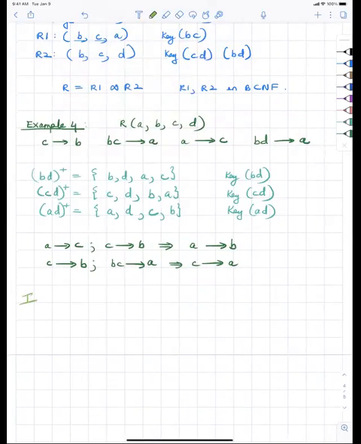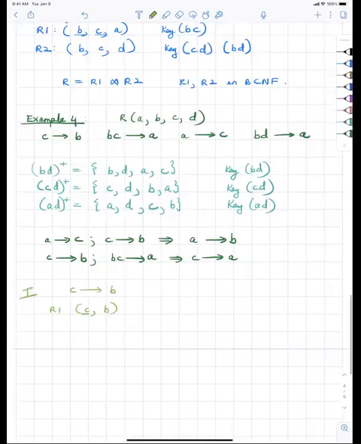So let's pick C goes to B. So we have R1, and then you have R2, which is A, C, and D. The key for R2 is either CD or AD. But you have all these other functional dependencies in there.